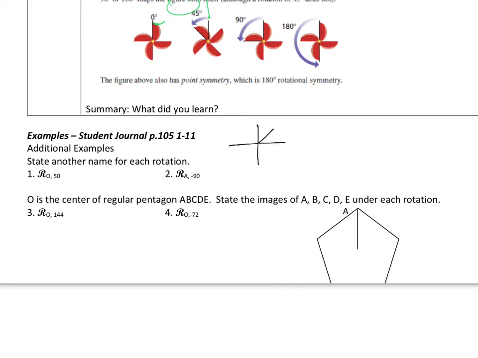If I go 50 degrees, right there, I can go all the way around and end up in the same spot. I can go the other way around and end up in the same spot. So what we want to do when they're asking us to rename them or state another name is add 360 or subtract 360. So another name for this one would be a rotation about the origin. Now, if I add 360, it would be 410.